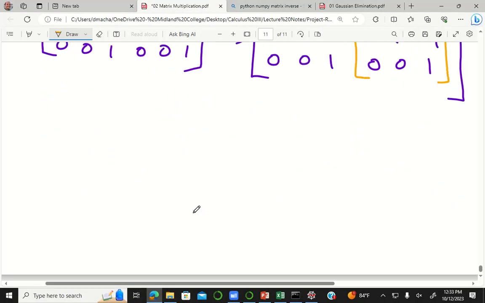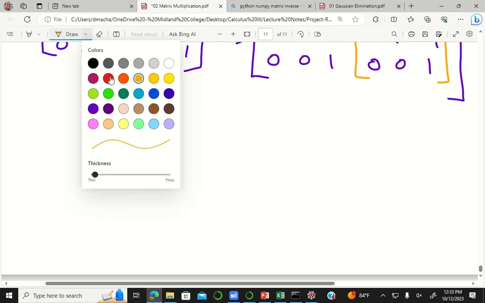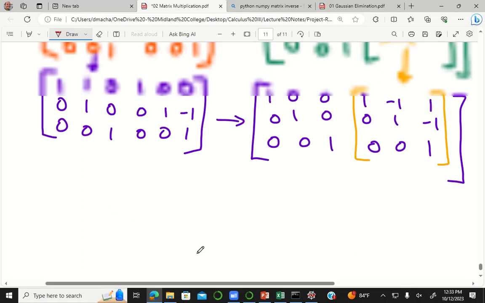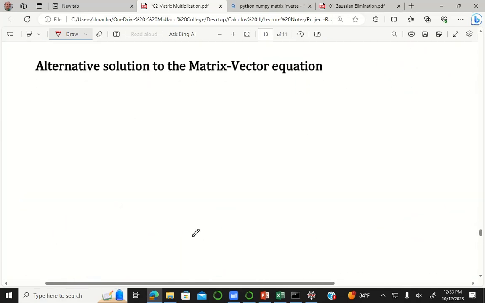So another thing I should say is that we can use matrix inverses to solve the matrix vector equation.